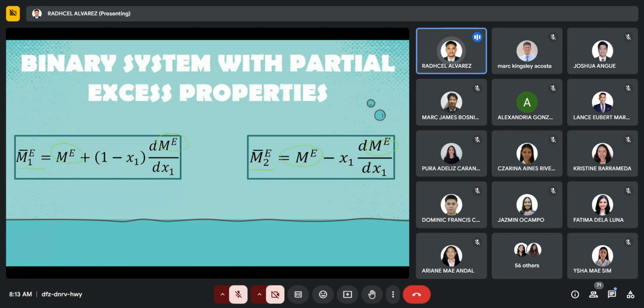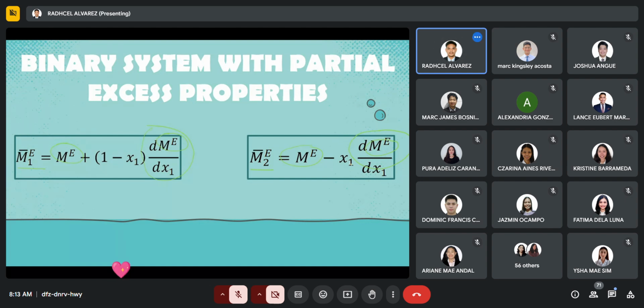This is also our formula for the partial property of the solution of component 1 and component 2. We derived this last time, based on dME with respect to dx1. Okay? So, is that clear?